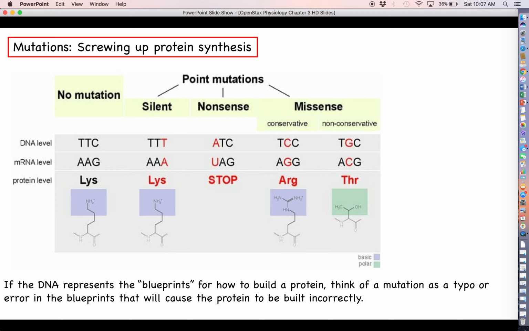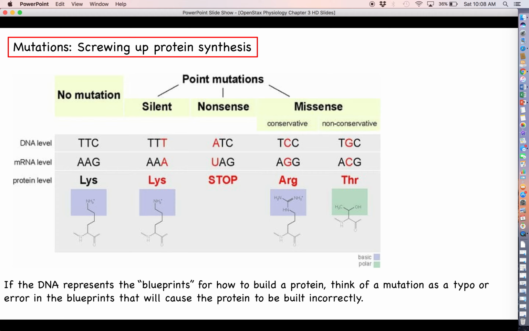It doesn't seem like a huge issue, but if you're changing the instructions on how to build something, then the whole structure is going to be completely different. It's not going to be as we intended, and certainly the function and stability are not going to be the same. So again, if the DNA is the blueprints for how we build a protein, a mutation is a change to those blueprints. We are essentially either changing which amino acid we stick where, we shorten the protein, or we make the protein too long.